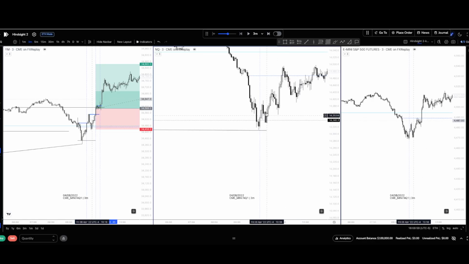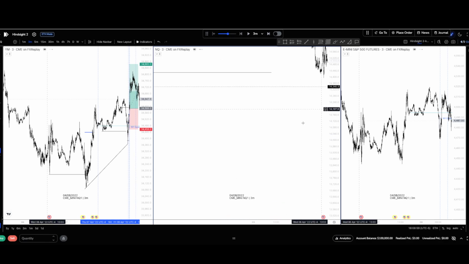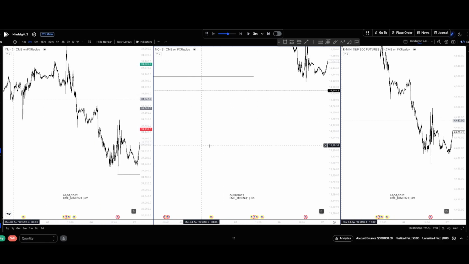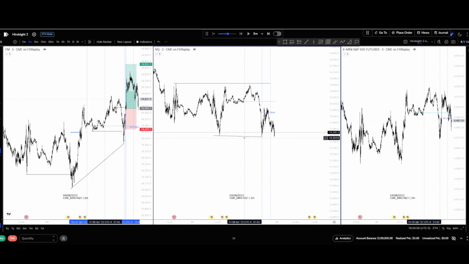The expansion and the CISDs away from this SMT validates it. NQ being the weakest asset, NQ also not having any other reason to go lower. So NQ has no reason to go lower. This is giving me good signs that SMT can be valid.